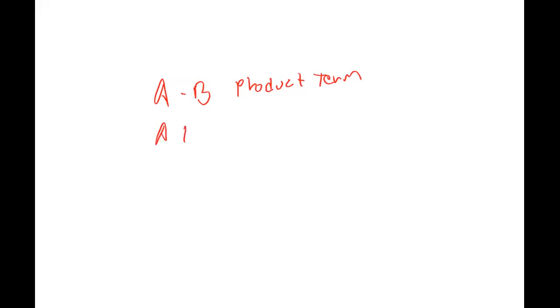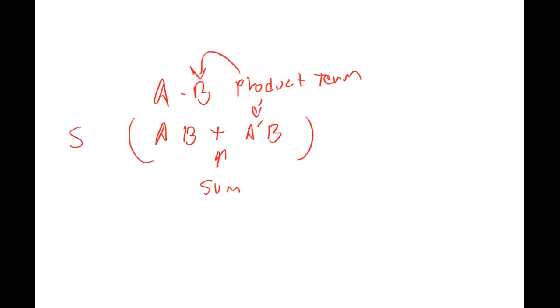A and B ORed with A prime and B, that is a sum. And these are product terms. And hence, this is what you call a sum of products.